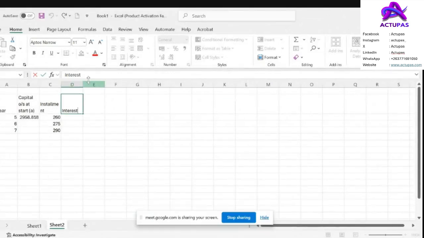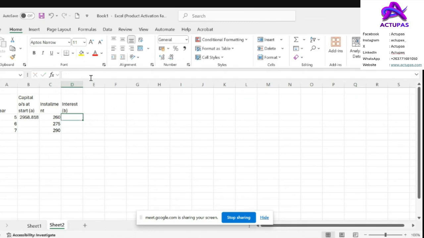So our interest payment, we can call it B. B is equal to A by 5%. This would be your interest each year. We can drag it down here. So below here we can write B.